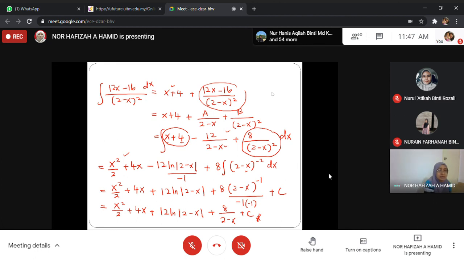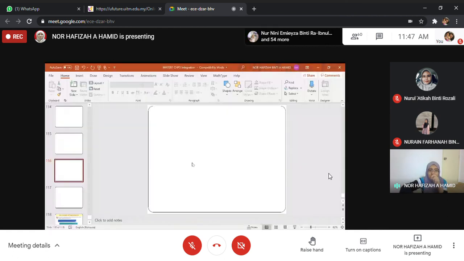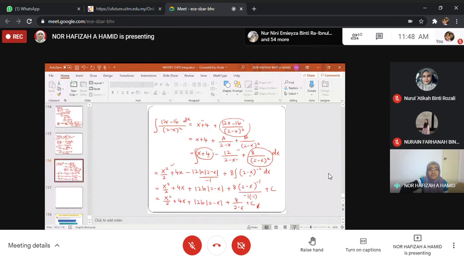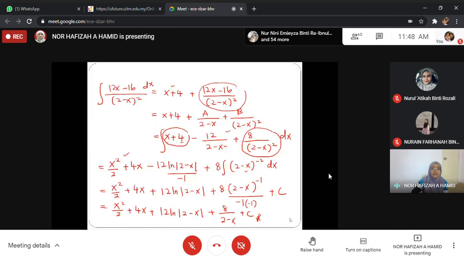Okay. Ada lagi tak soalan? For improper. Improper ni dia senang je, tapi you kena ingat balik long division method. Long division you kena study balik topik polynomial. Sebab kita ada dua method, long division dan juga satu lagi method you ada synthetic division.